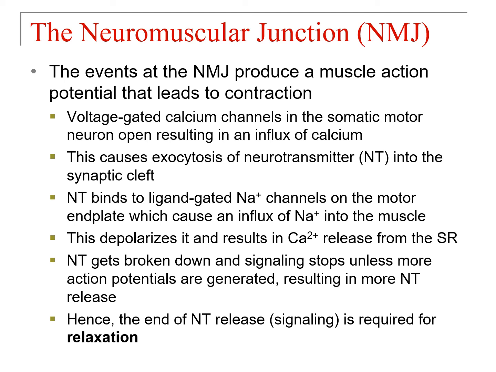When channels for calcium open, calcium moves into the cells. This is one of the major roles of calcium that we discussed earlier in the skeletal system. The influx of calcium is necessary for the release of neurotransmitter into the synaptic cleft, as the influx of calcium signals exocytosis of the neurotransmitter from the synaptic vesicles.